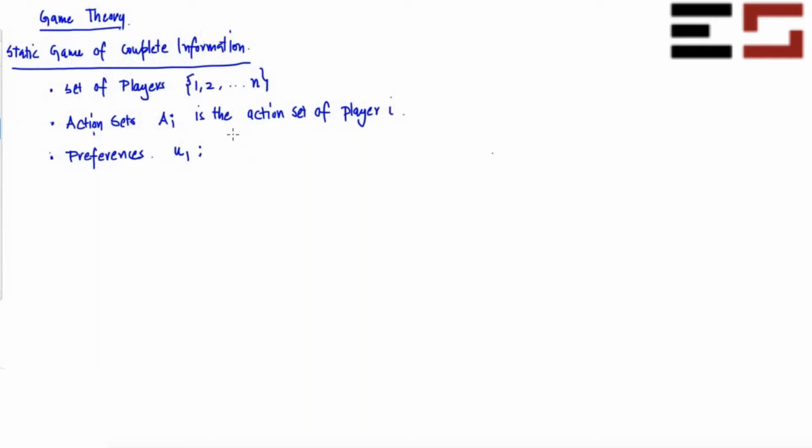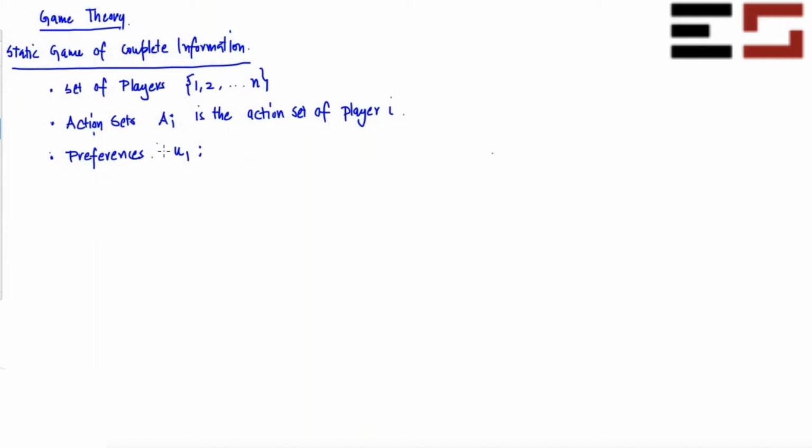Q1 comes from the action set of player 1, Q2 comes from the action set of player 2, and once you see those Q1 and Q2, the payoff will be determined by the profit expression, which contains both Q1 and Q2.